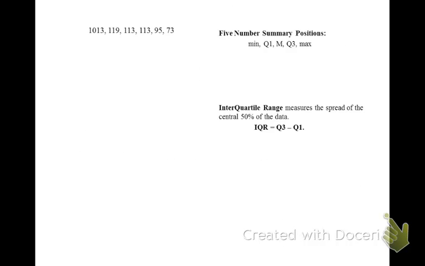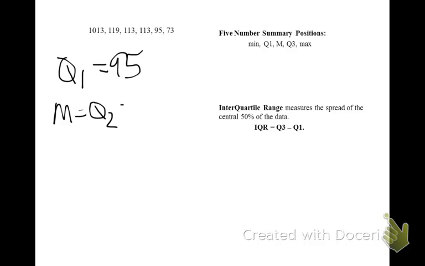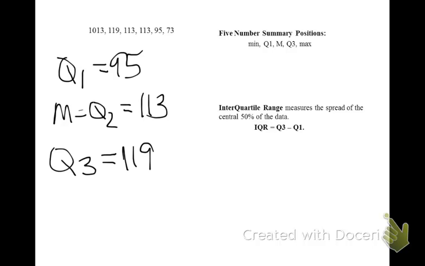I'm going to summarize our findings from the previous page. We found that Q1 was 95. The median, which is also Q2, was 113. And our third quartile was 119.